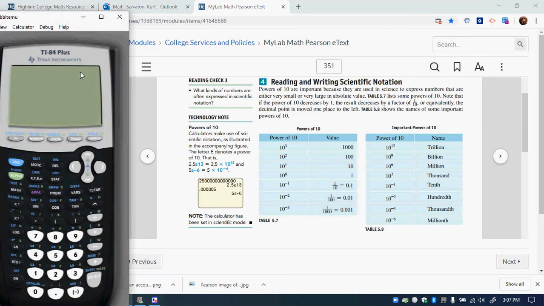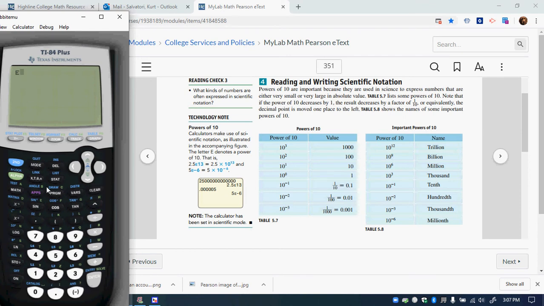I'll pull the calculator up, and if you turn it on, you can see where these are located. It's right here. On the TI, they call it the EE. When I hit second and the comma, you just get one E, even though there are two here.